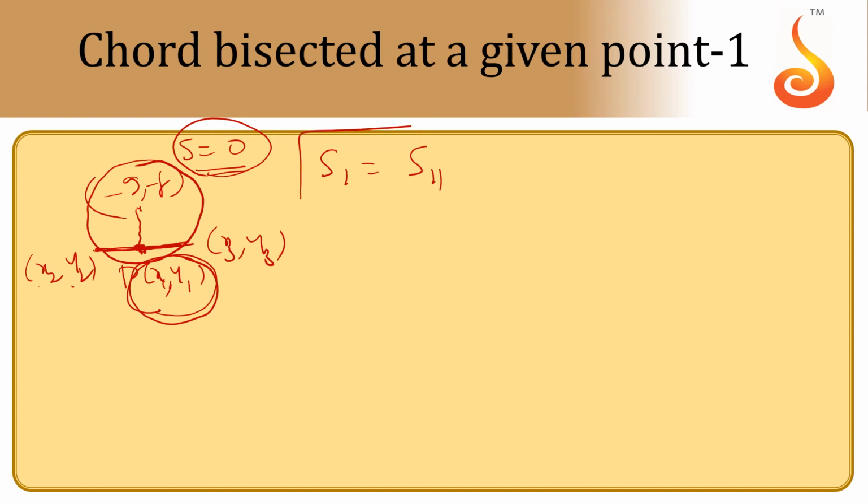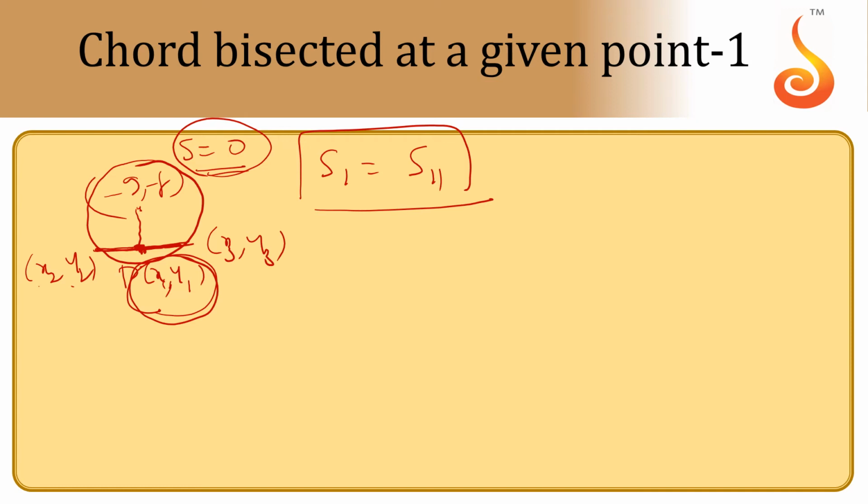So you will get this form, S1 equal to S11. Now try to drag the chord so that it becomes a tangent. Then the midpoint of the chord becomes the point of contact, so S11 becomes 0. Again it becomes the equation of the tangent, S1 equal to 0.